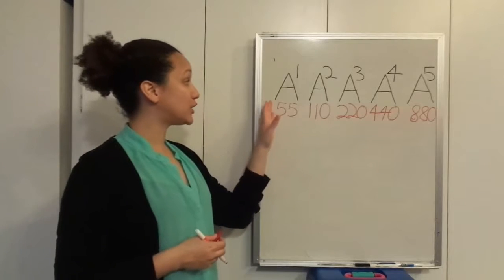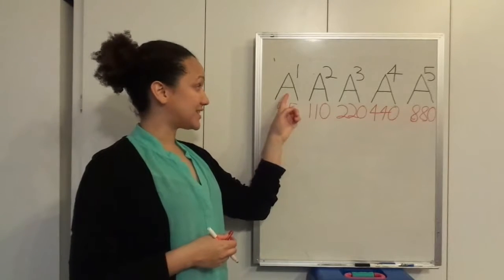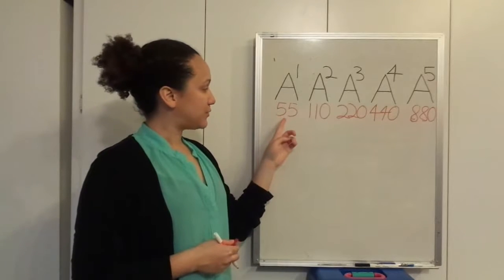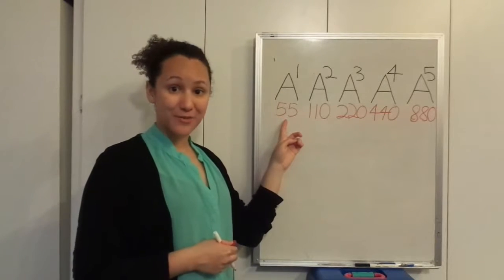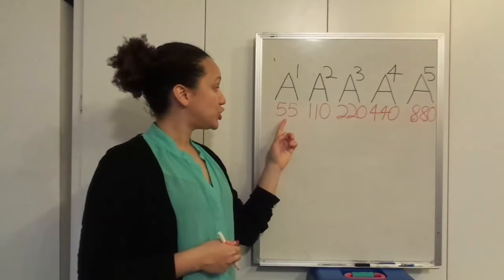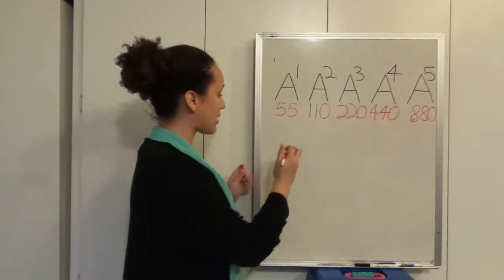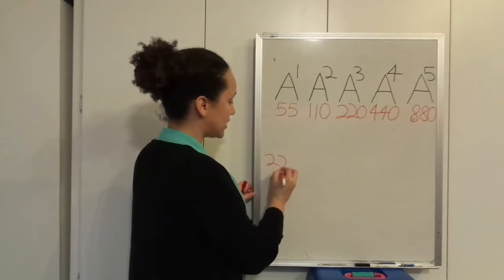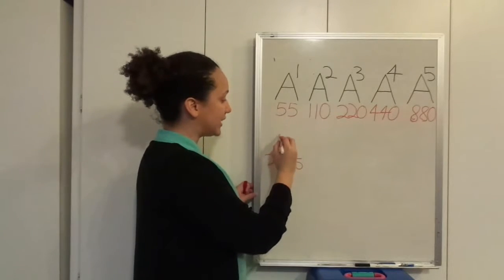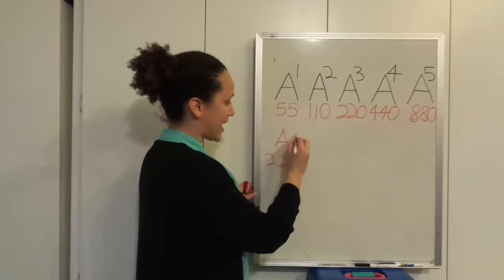You could also have a lower note that's the same as A, but let's call it A0, if you cut 55 in half. So that would be 22.5. So I'll put that down here, 22.5. That would be a lower A, or A0.